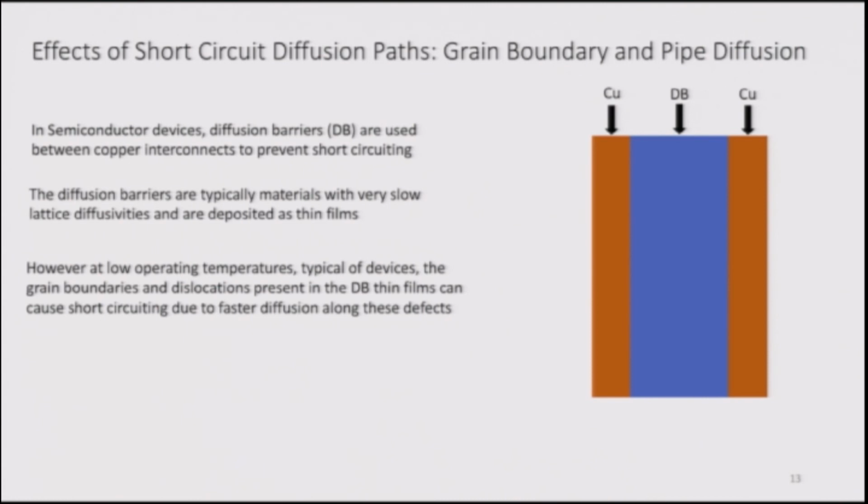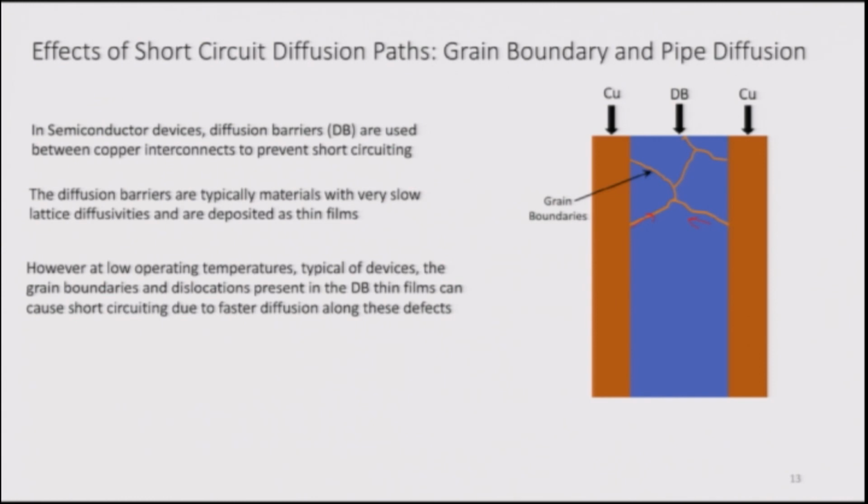However, at low operating temperatures typical of devices, the grain boundaries and dislocations present in the diffusion barrier thin films can cause short circuiting due to the faster diffusion along these defects. For example, if there are grain boundaries present inside the diffusion barrier, since the diffusivity along grain boundary is much faster and the structures usually operate at very low temperature, there will be diffusion of copper along the grain boundary, and thus it will cause short circuiting.